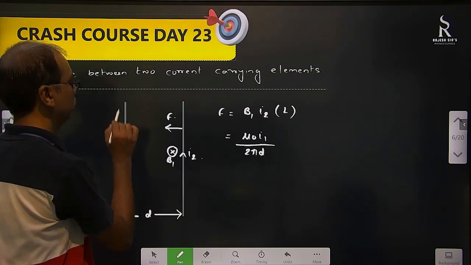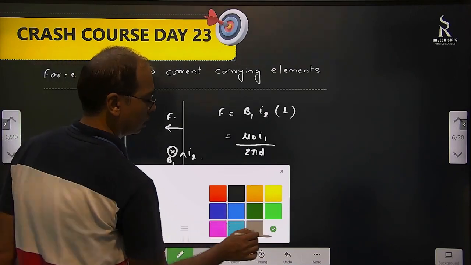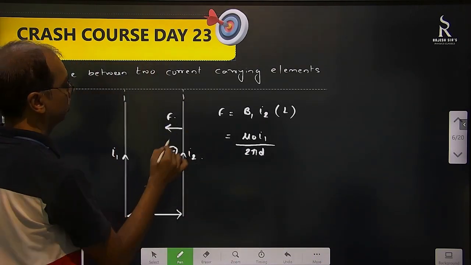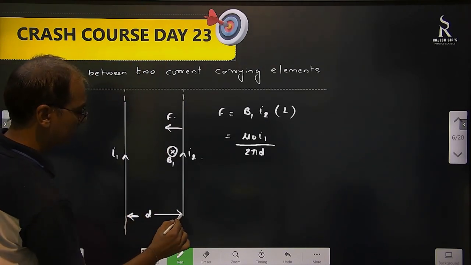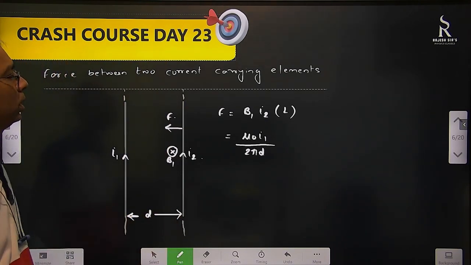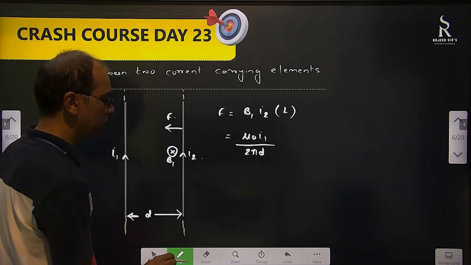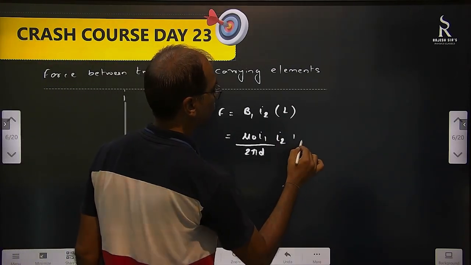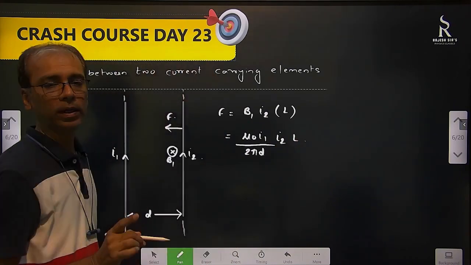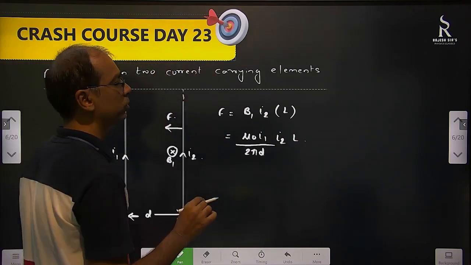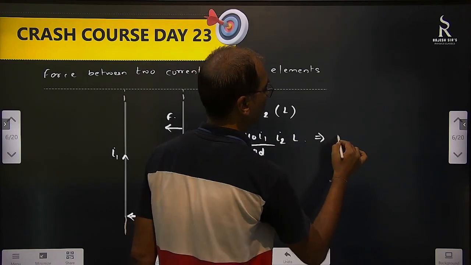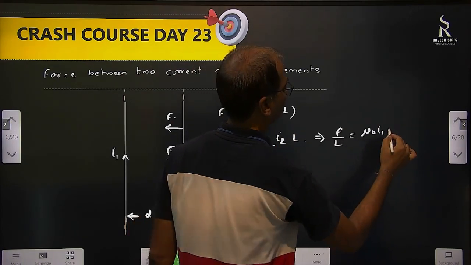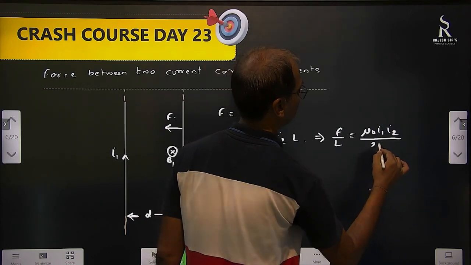So mu naught I1 by 2 pi d into I2 into L. Since it's infinite, we don't find it like this. We always say force per unit length. So force per unit length comes out to be mu naught I1 I2 by 2 pi d.